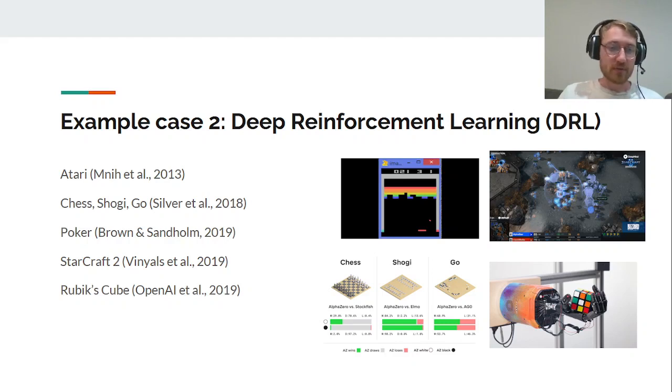So there's quite a lot of optimism around this technique, and in the last couple of years there's been some papers that have been quite optimistic about using deep reinforcement learning for irrigation scheduling.